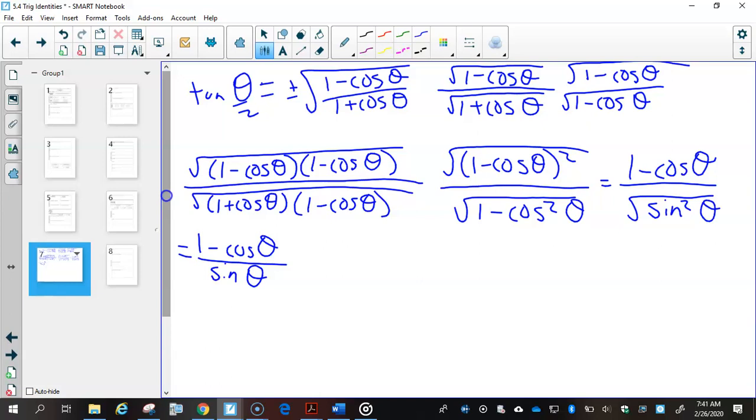To find the very last one, you would do very much the same thing, except do the opposite. So instead of multiplying by 1 minus 1 minus, I would do 1 plus 1 plus.